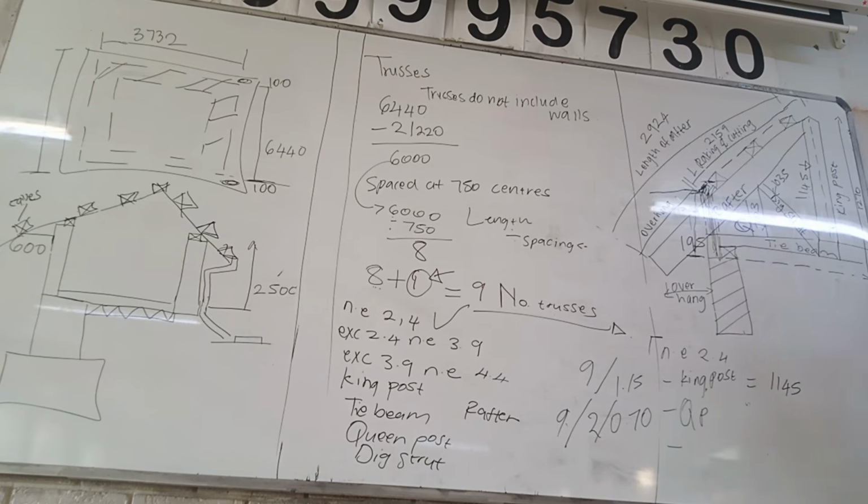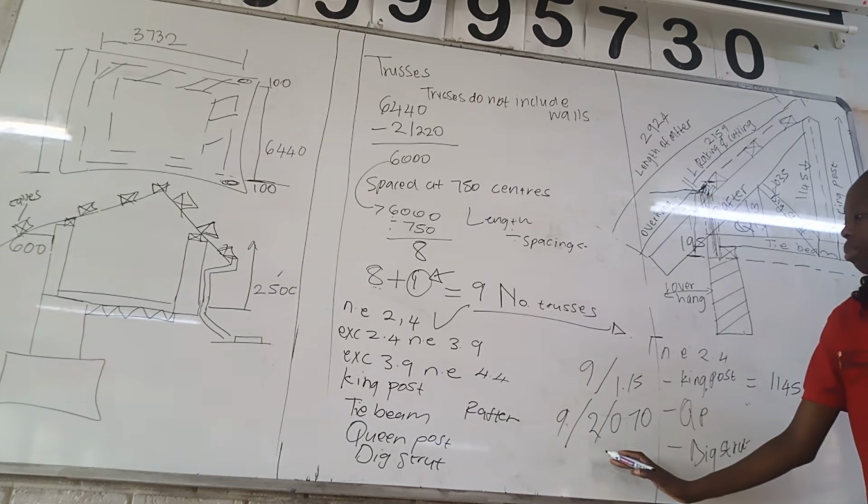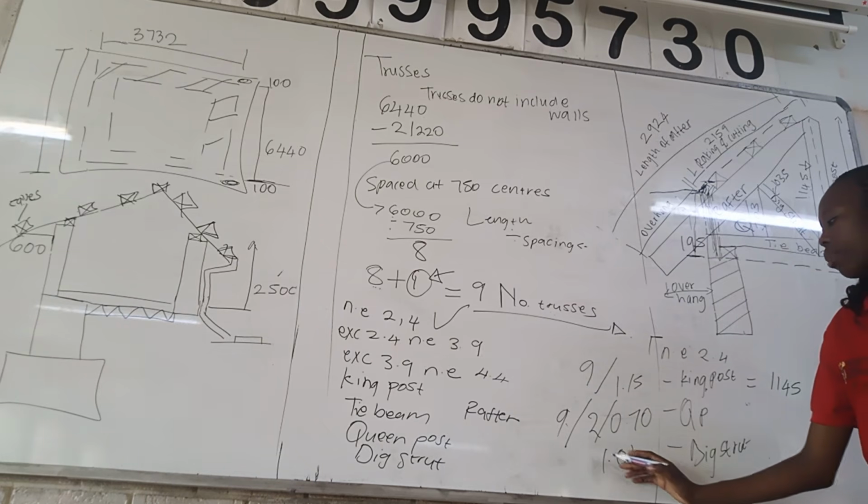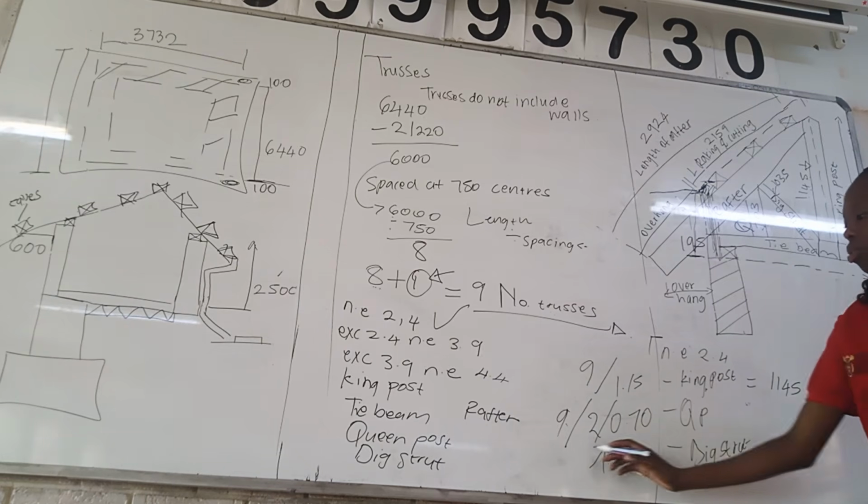So let's check what else is not exceeding 2,4. Where is the strut? Okay, here it is, the diagonal strut again. It is 1 diagonal strut. It's 1035, so it's 1,04. How many struts do we have in a full roof? 2.